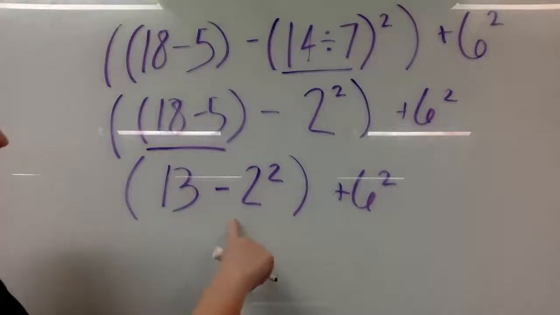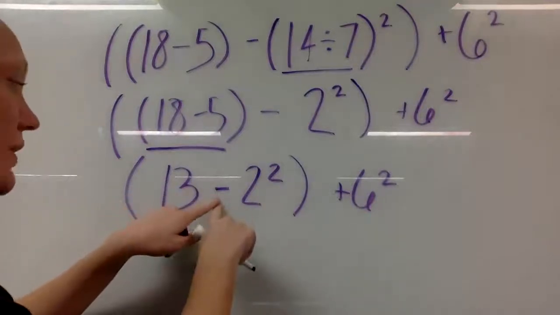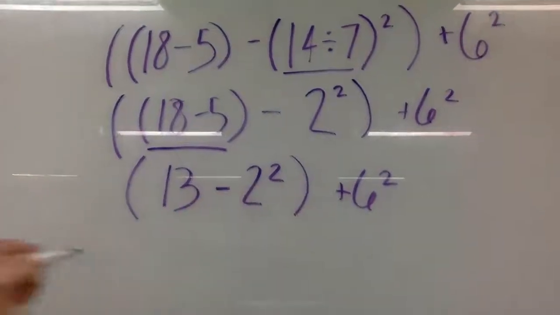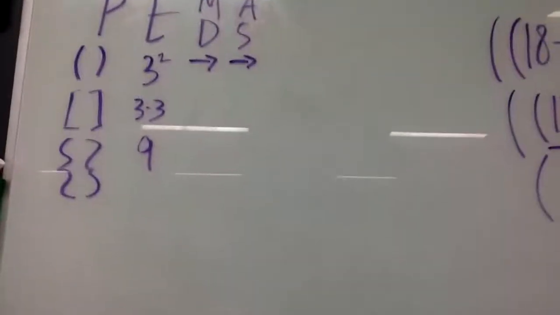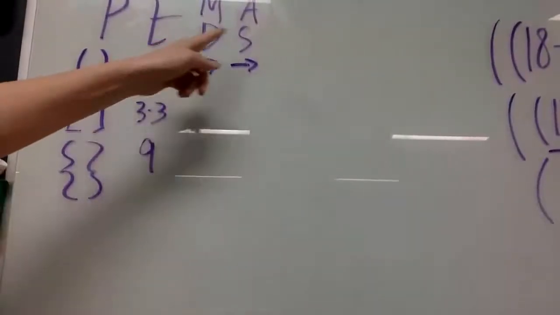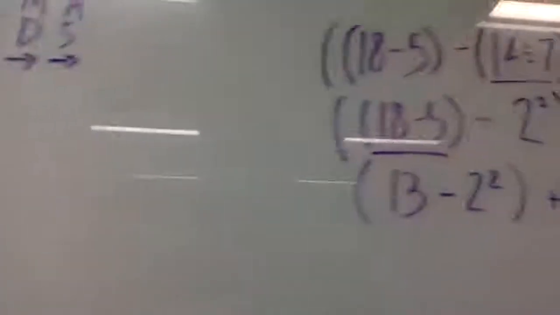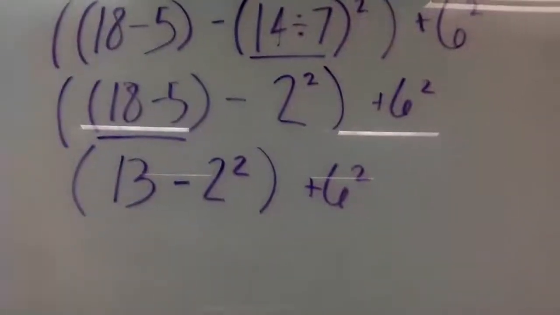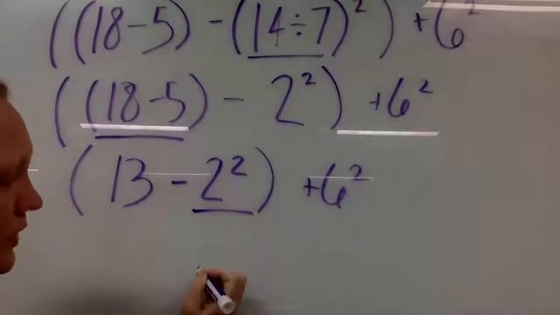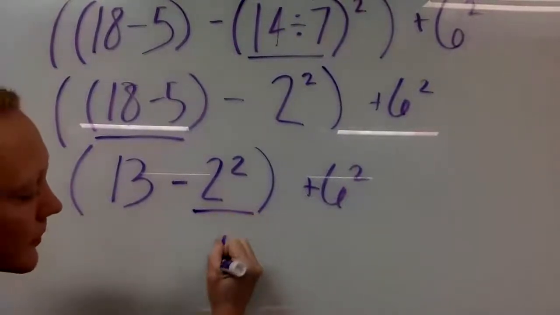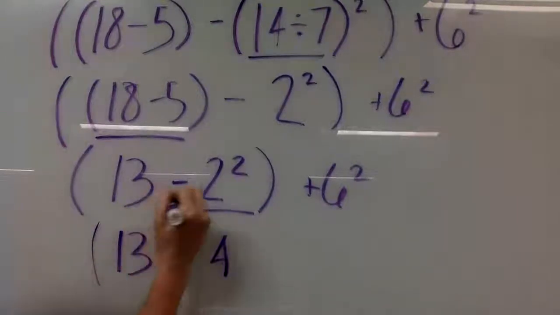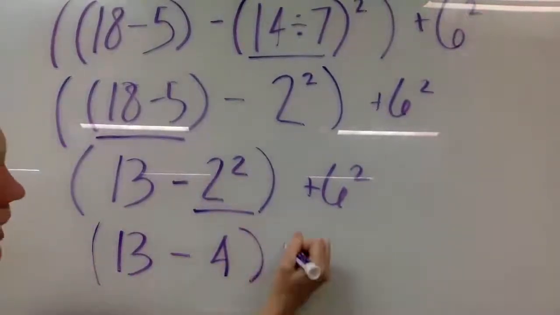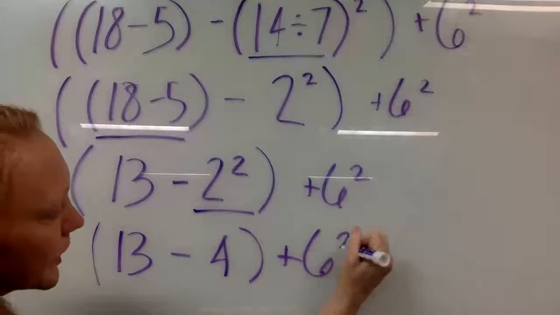So in the parentheses, am I going to subtract first or evaluate the exponent first? You can see exponents come before subtraction. So 2 squared, or 2 to the power of 2, is 2 times 2, and I know that's 4. So we have, in parentheses, the quantity of 13 minus 4, plus 6 squared.